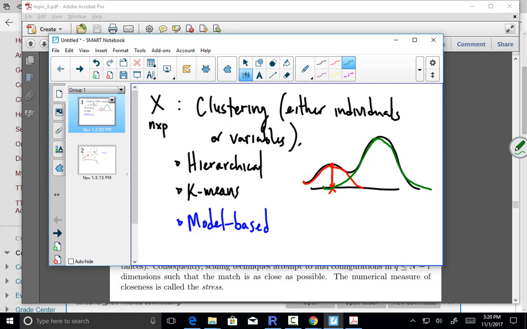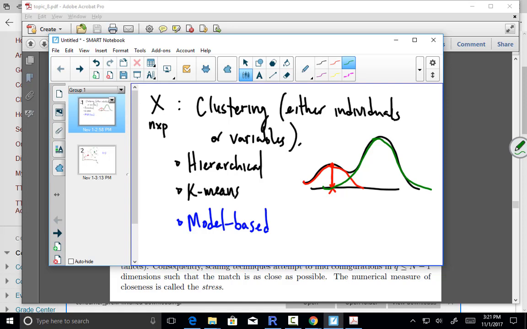A model-based clustering algorithm kind of goes through that rationale. Let's assume a mixture distribution. Let's use a maximum likelihood algorithm to estimate the parameters of the mixture, and then we'll classify or cluster individuals based on which of the discovered groups it's most likely it came from.